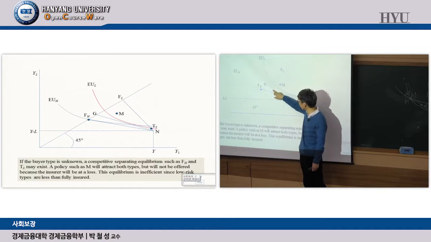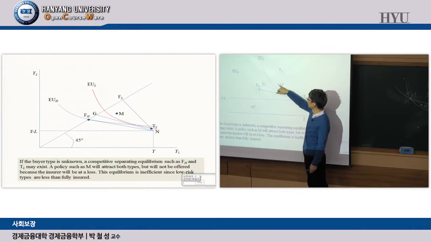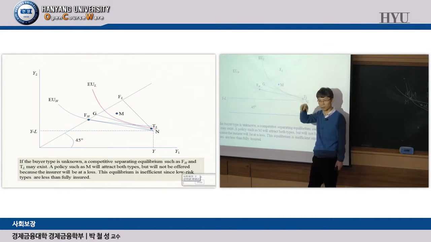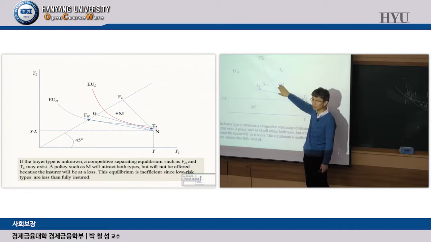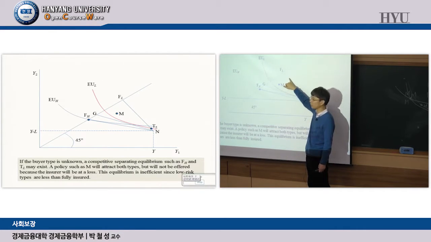When you have only high-risk types, you will lose money, because you are above the high-risk type line. So in this diagram, if your insurance policy is below the P1 minus P over P line of your client's type, you will make money. If you are somewhere here, you lose money. Here you break even.